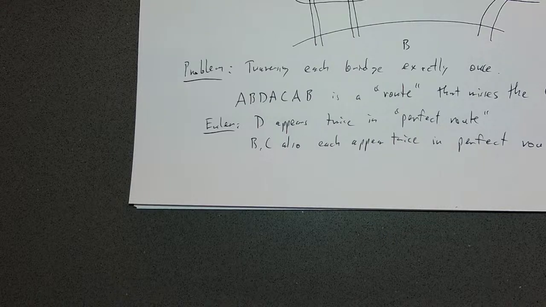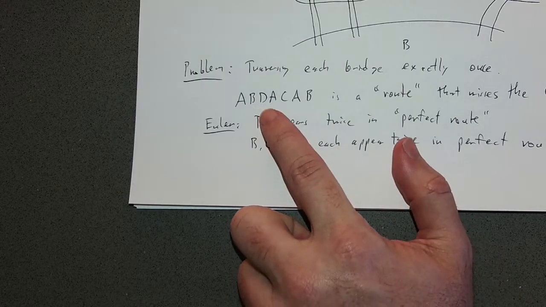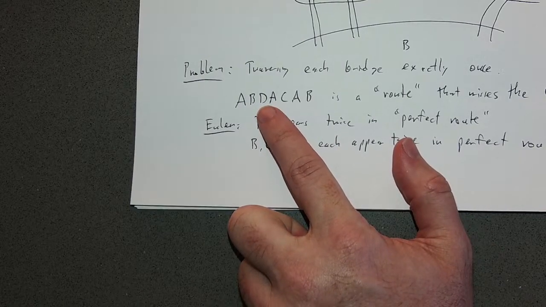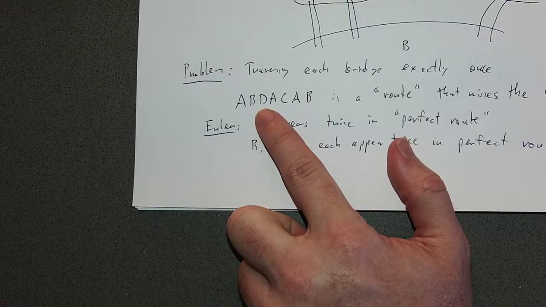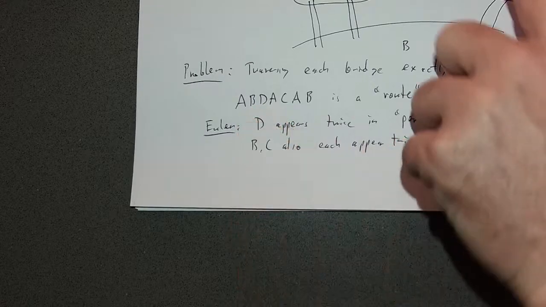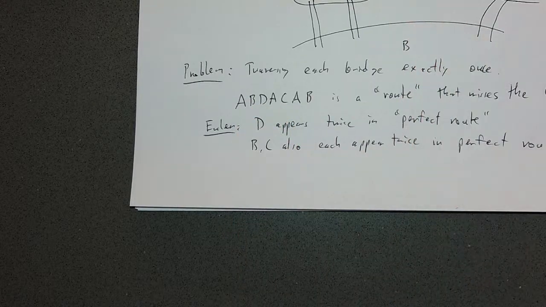Less than twice, you'd be missing a bridge. Just like in this case, this route, since D only appears once, we actually missed this one bridge that crossed at D, or crossed going to D.